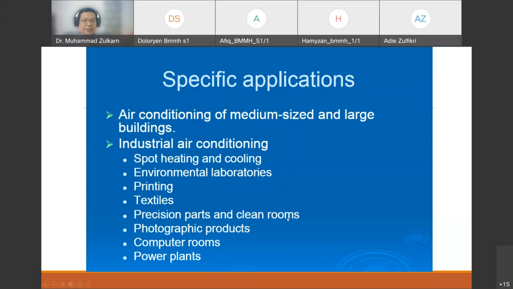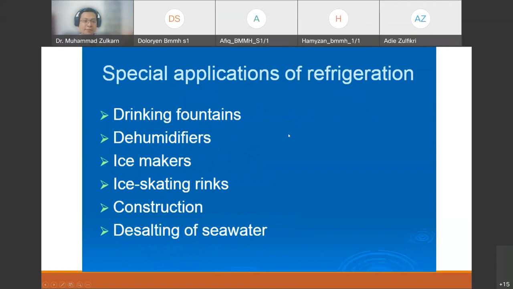Under industrial, there are several parts like sport heating and cooling, environmental, laboratory, printing, textile, precision parts and clean room, photographic products, computer room, and power plant. Then other special applications like drinking fountains, dehumidifiers, ice makers, ice skating rinks, construction, and desalting of seawater. From these applications, maybe you can narrow your project.